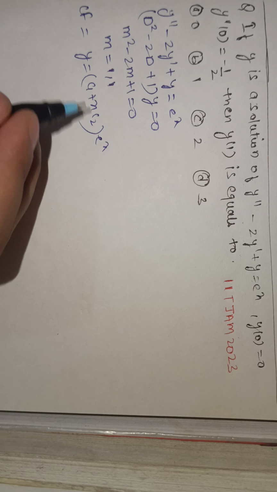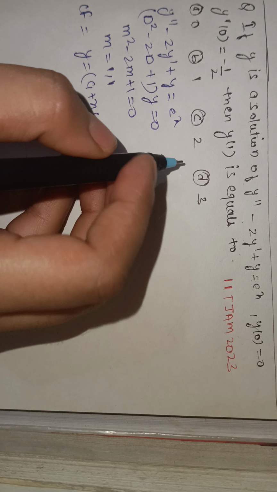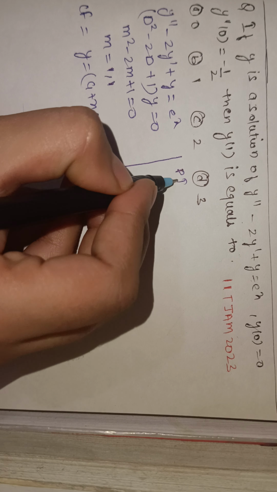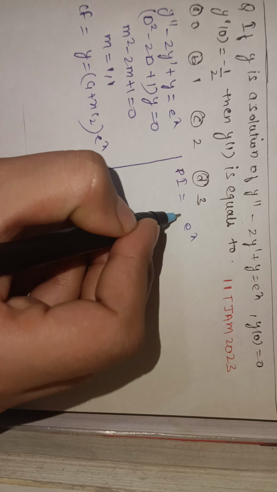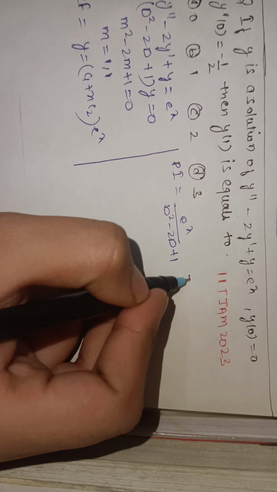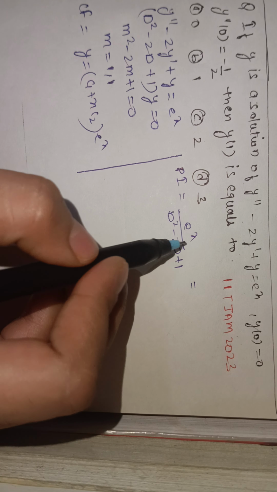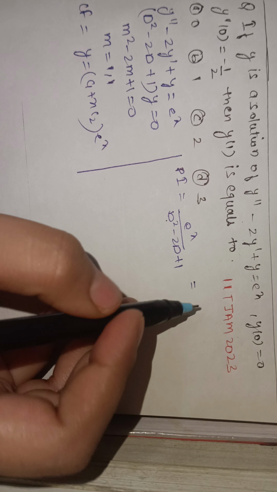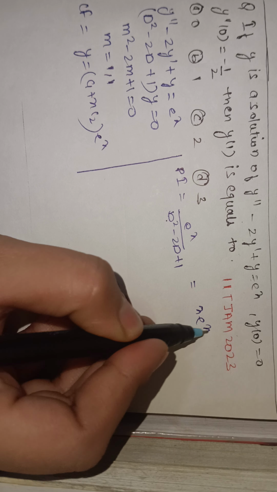Now next we have to find the PI. For the PI, we take e to the power x upon D squared minus 2D plus 1. The denominator becomes 0 if we put 1 here, so we further differentiate it.